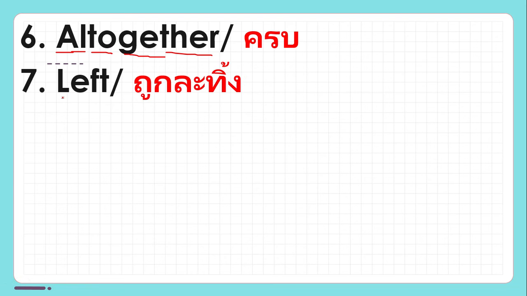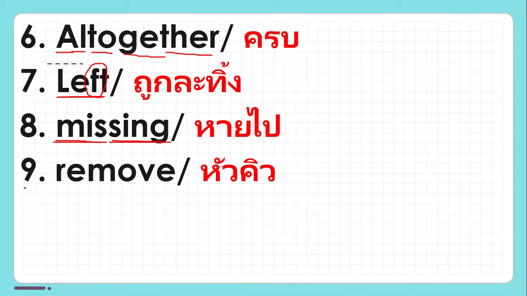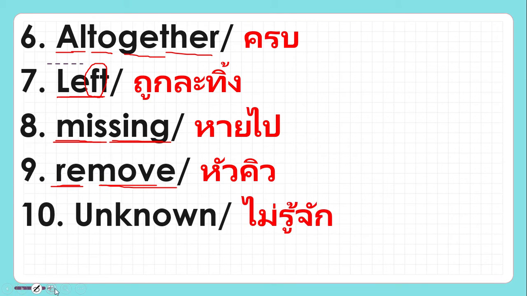Number seven, we have left. We have here letter F, so we need to read letter F. Left. Next, number eight, we have missing. Number nine, we have remove.